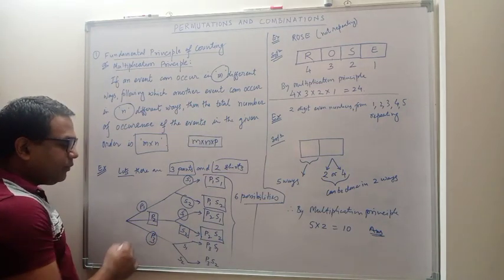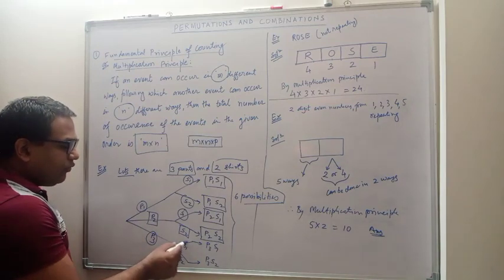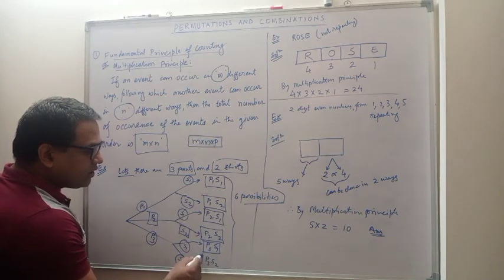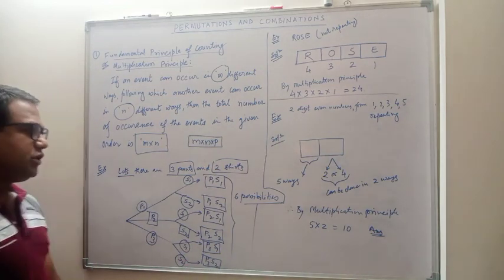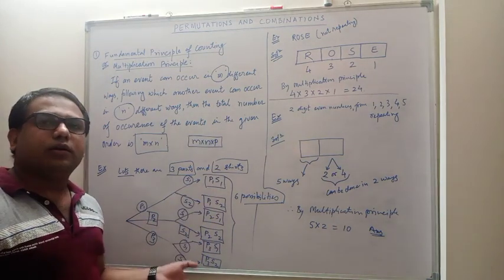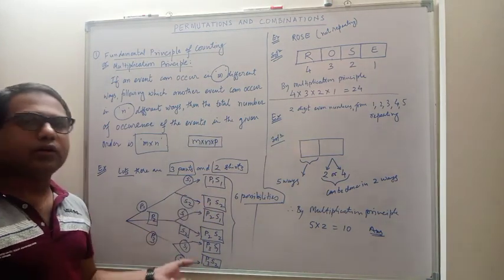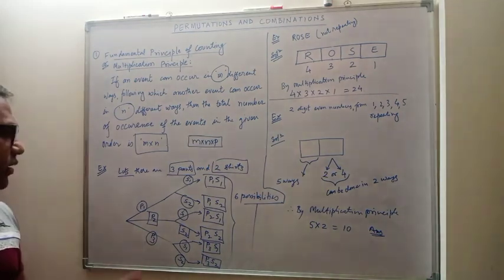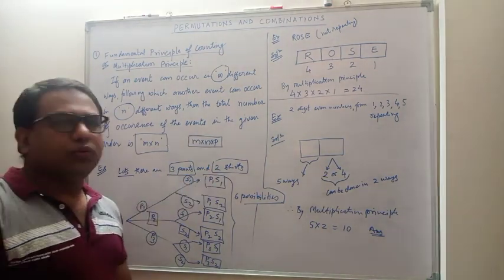And if I consider P3, that is pant 3, with shirt 1 and shirt 2, I get two more. So there are six possibilities or arrangements in which I can wear these three pants and two shirts.